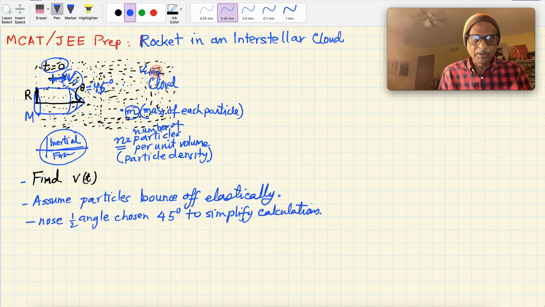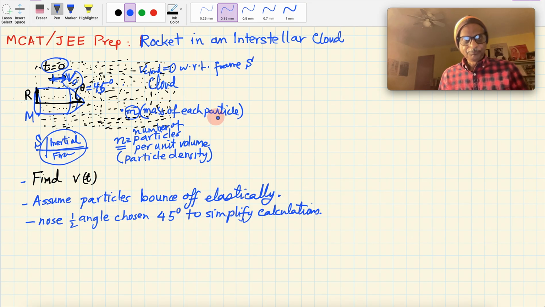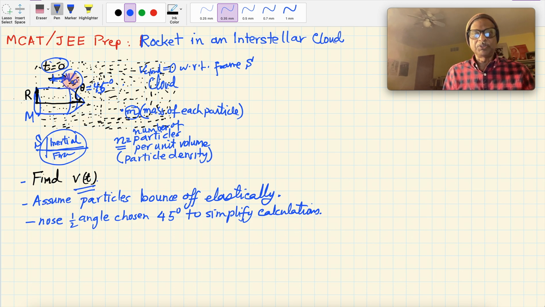V cloud equals 0 with respect to, let's call it, inertial frame S. We're supposed to find the velocity at some time, and the velocity at t equals 0 is given. So basically we need to figure out the change in velocity with time.